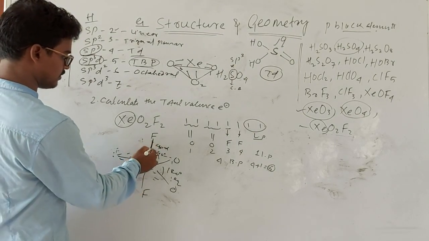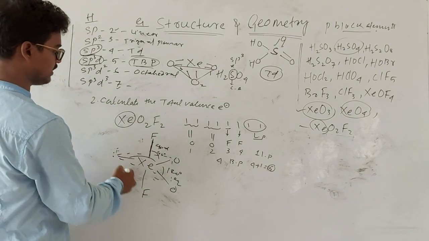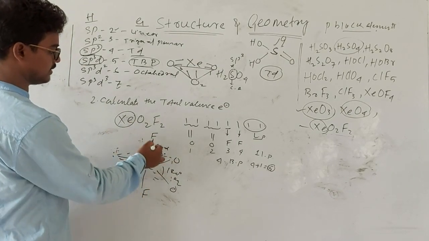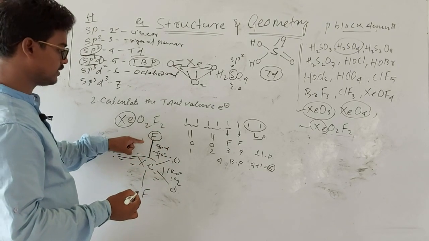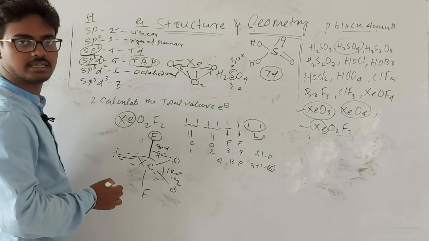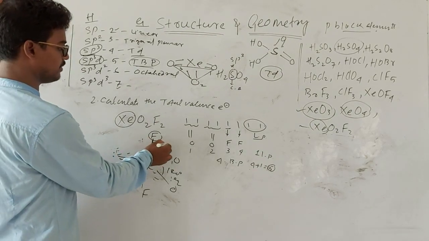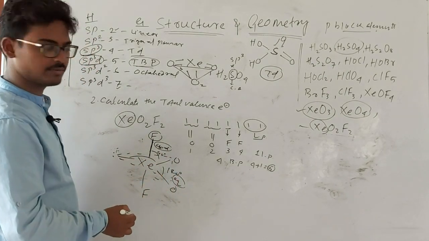Therefore, to make a stable arrangement, it will be arranged like this. The most electronegative element will be present at the axial position, and the less electronegative at the equatorial position.